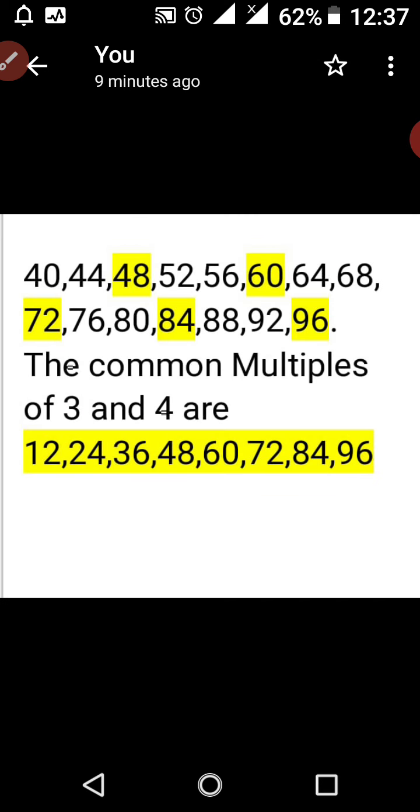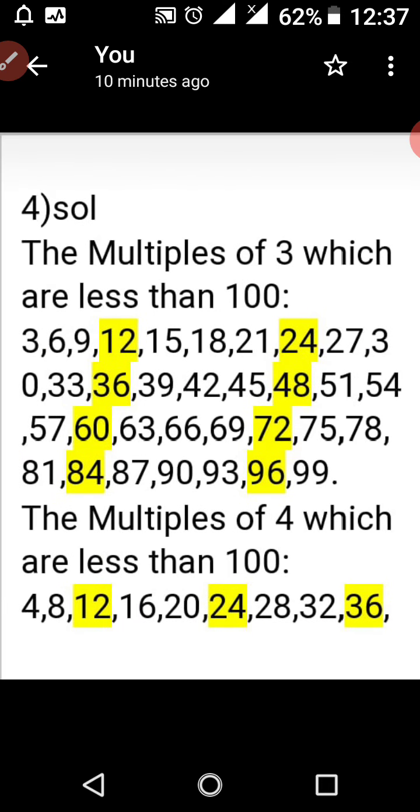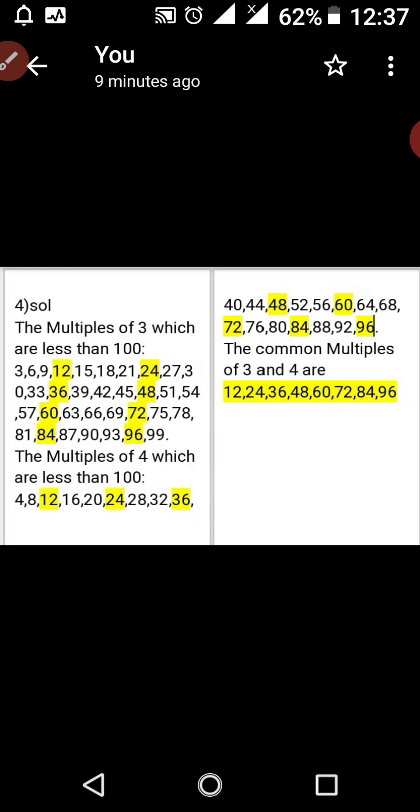These are all the common multiples of both 3 and 4 which are less than 100. So 12, 24, 36, 48, 60, 72, 84, 96. This is the fourth question answer.